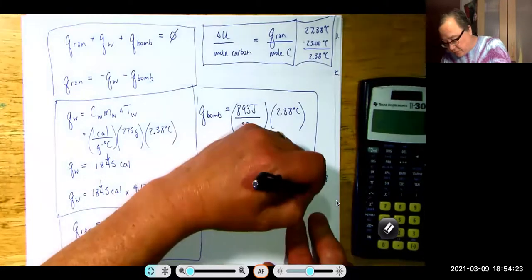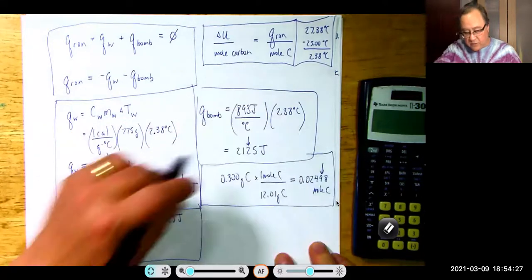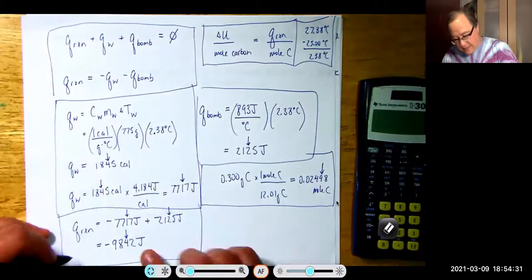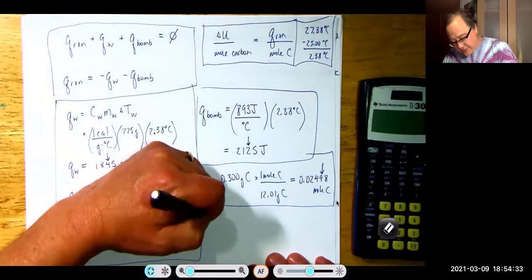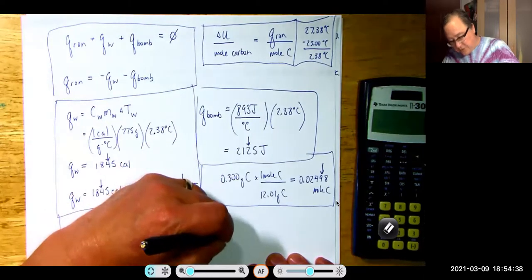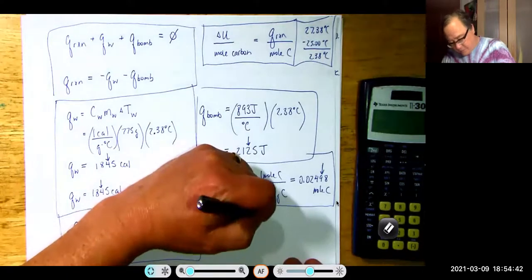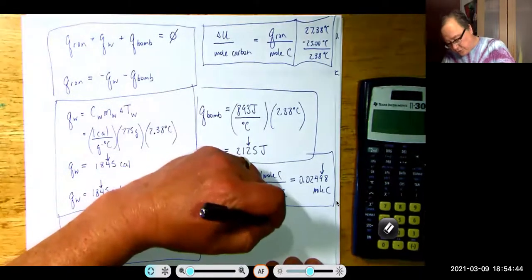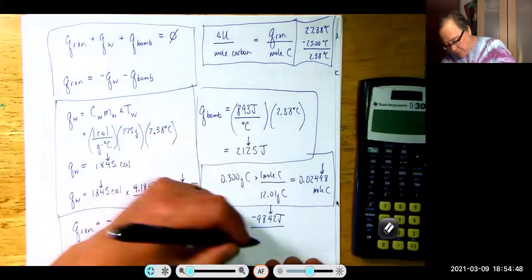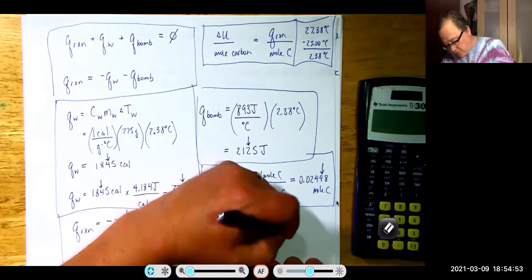And this is moles of carbon. So now we can put this all together with this. And we have the change in energy per mole of carbon is going to be equal to negative 9842 joules, divided by 0.02498 moles.